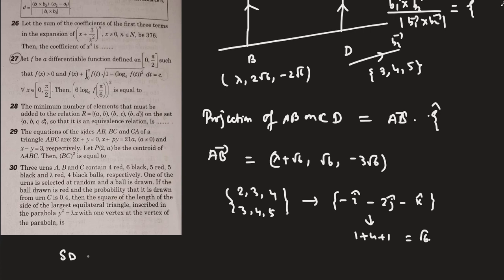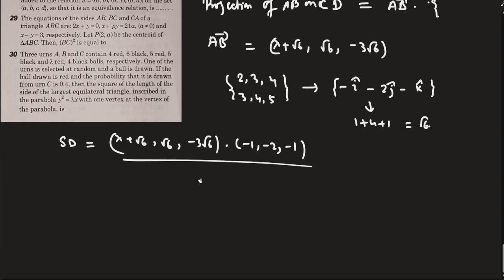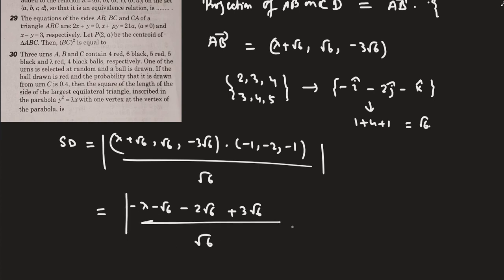So now the shortest distance is nothing but lambda plus root 6, root 6, minus 3 root 6, multiplied with this vector minus 1, minus 2, minus 1, then whole divided by root over 6, and whole modulus. So lambda plus root 6 with minus 1, minus lambda minus root 6, minus 2 root 6 plus 3 root 6, then root over 6 whole modulus.